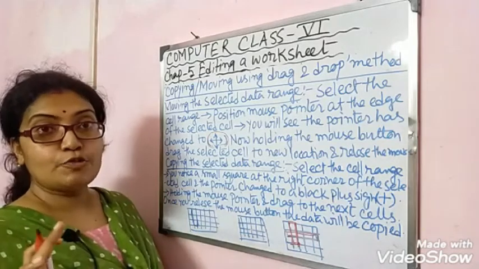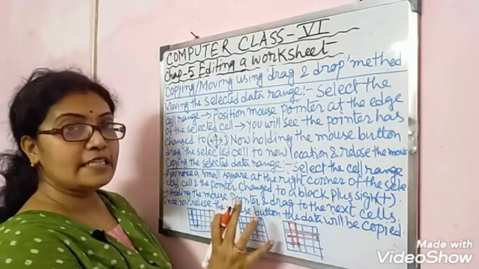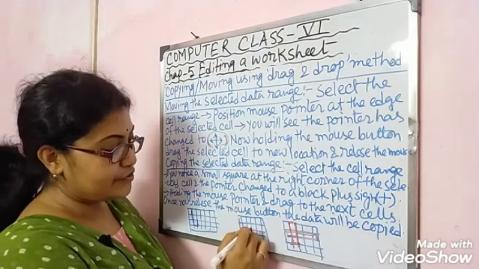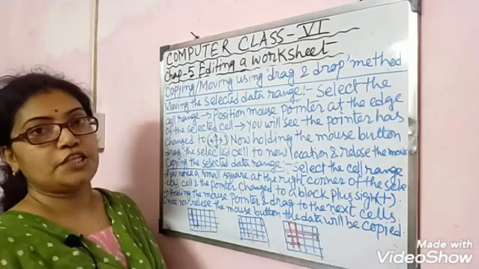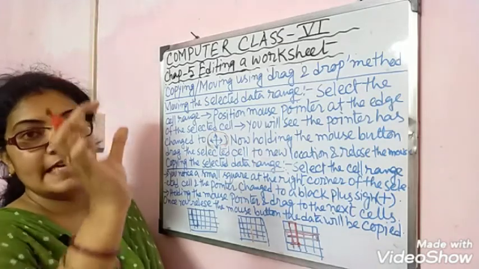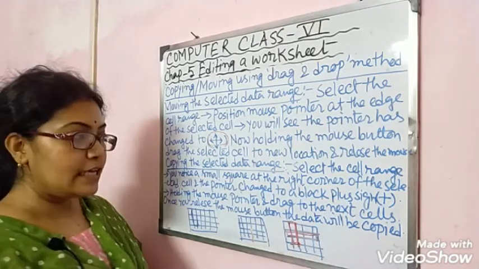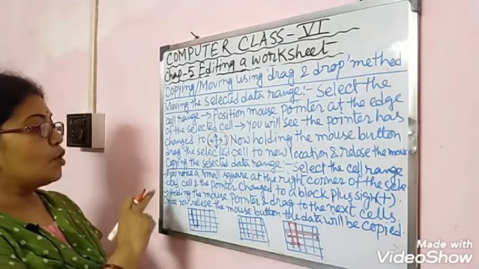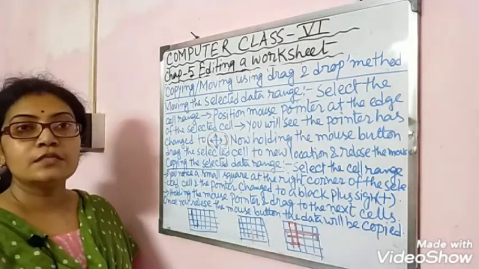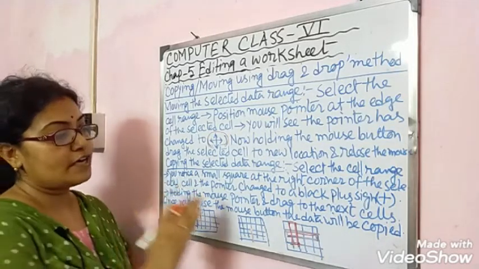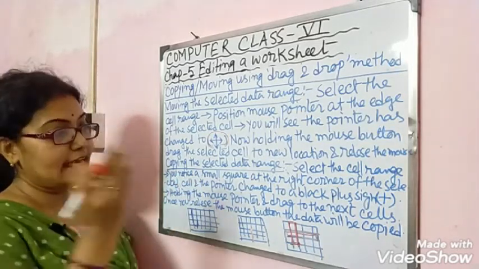Don't release the mouse pointer. Holding it, drag from the next cell to your desired location. Just click and drag. Then when you release the mouse button, the data will be copied. Whatever you want to copy, first select it.